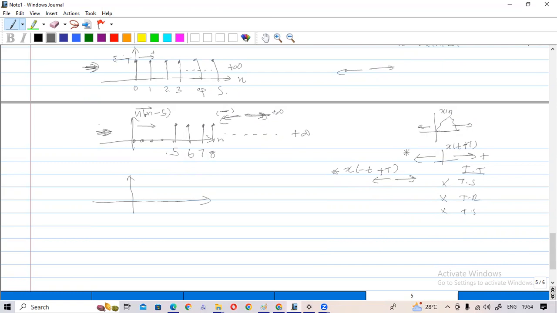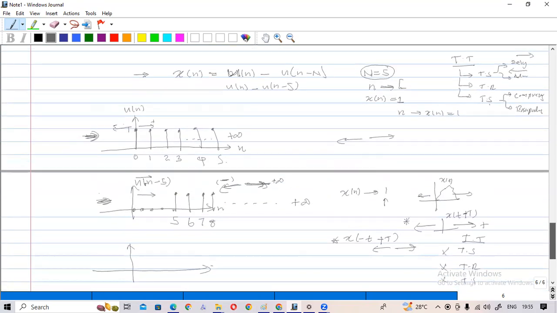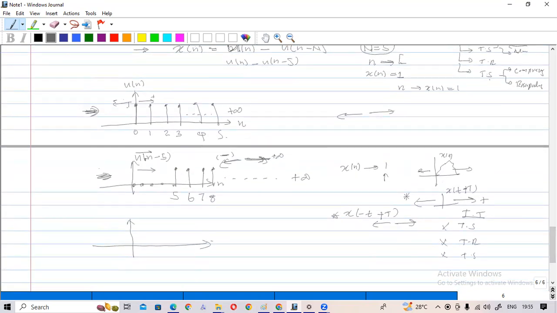Up to which n do we get a value? What are the values of n where x[n] becomes 1? You have to subtract this one from this one again.